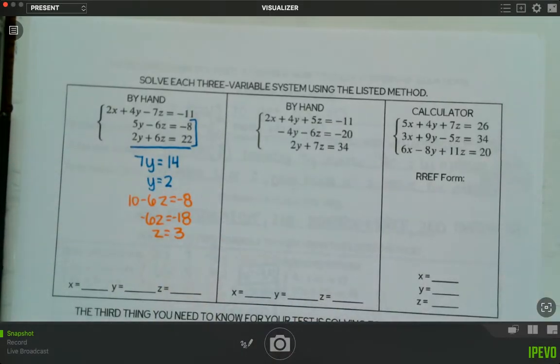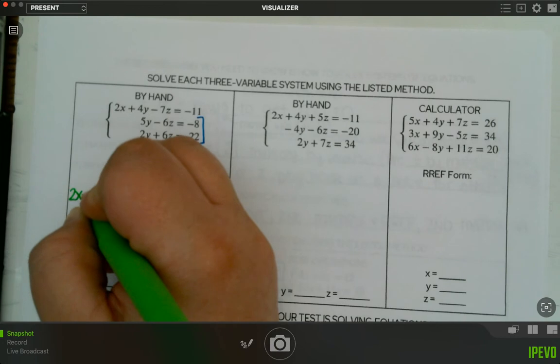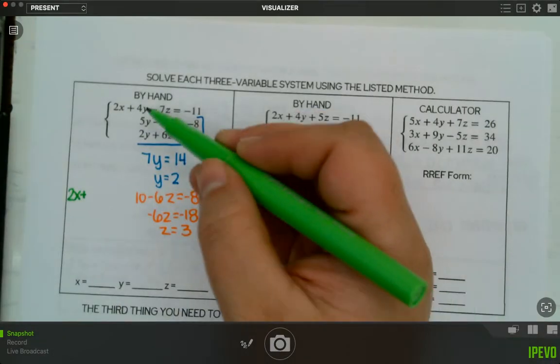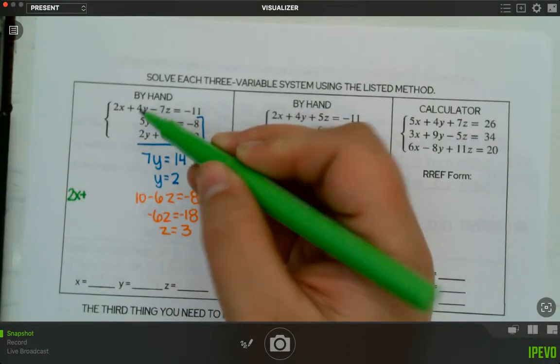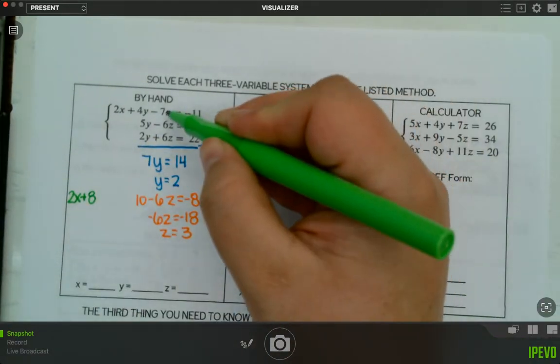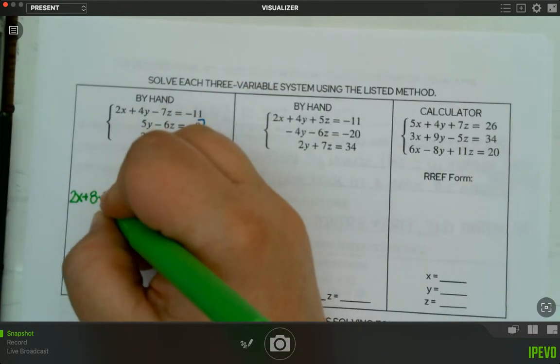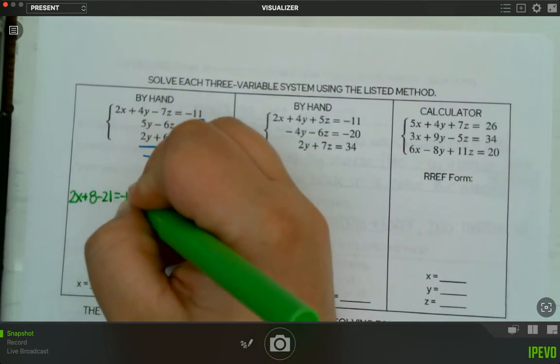And then last but not least, I have to find out what x is. And to find out what x is, I need to use the top equation because it's the only one that even has x. So it's going to be 2x plus, and then I'm going to multiply 4 times 2, because that's what y is, so 8. And then negative 7 times 3, because that's what z is, would be negative 21, equals negative 11.